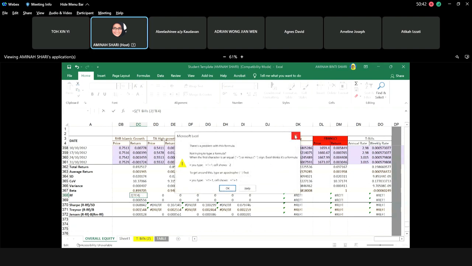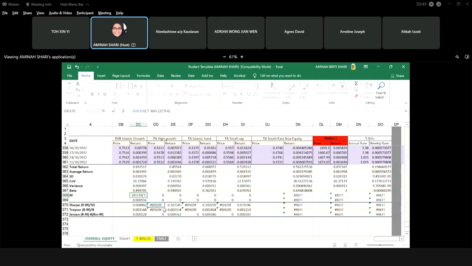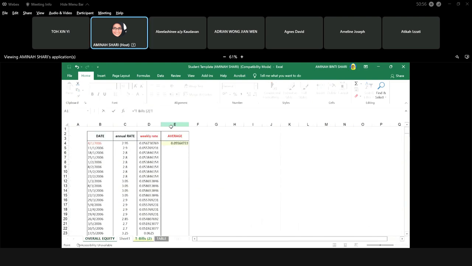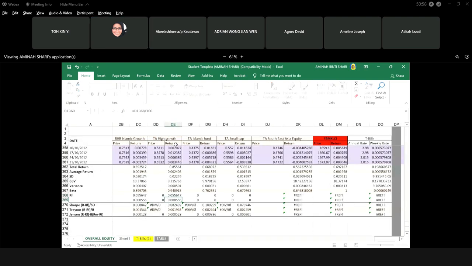Okay. Nanti you kena masukkan lah nilai this one, nilai treasury bills. Okay, masukkan one by one. So macam tu je lah untuk you buat. This is the basic.